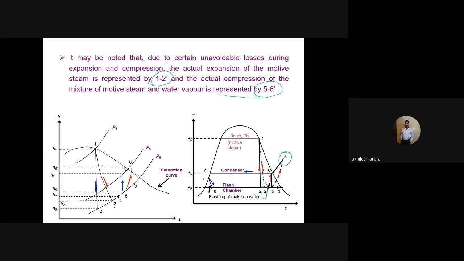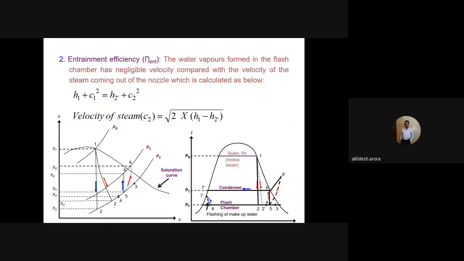So let us see. In the nozzle we have used C. Which equation are we using for the nozzle? We are using this equation: delta Q minus delta Ws is equal to dH plus dKE plus dPE.